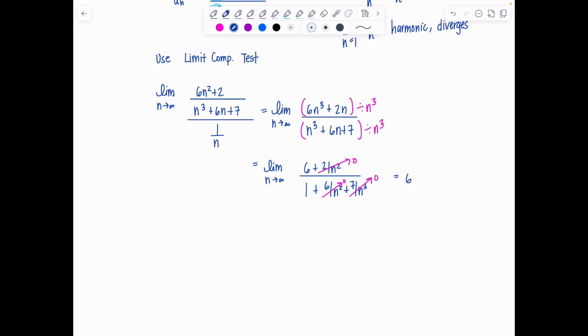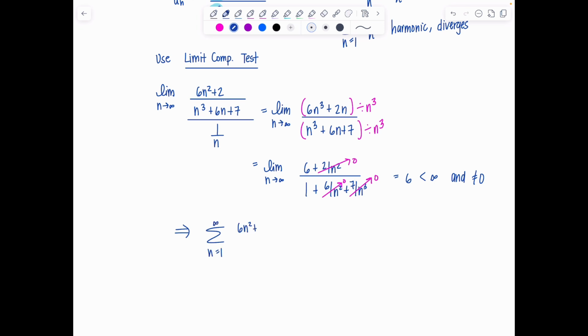Now, what do I care about this limit? What test did I just use? I used limit comparison test. So remember, for limit comparison, I don't care what this number is, just so long as it's finite and not 0. And then that tells me my series does the same thing as the one that I compared it to.